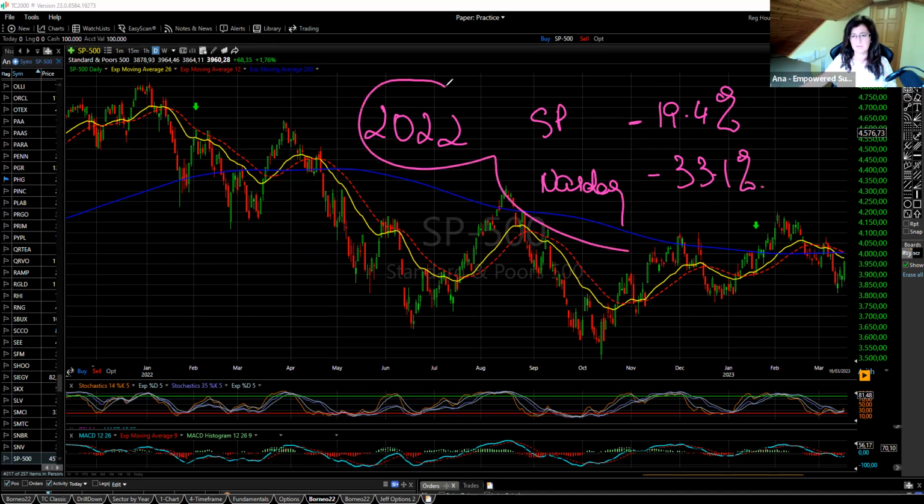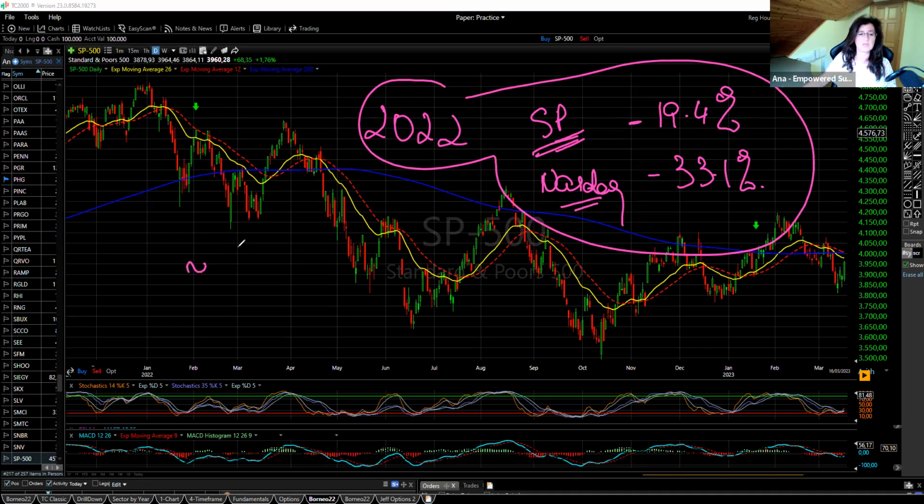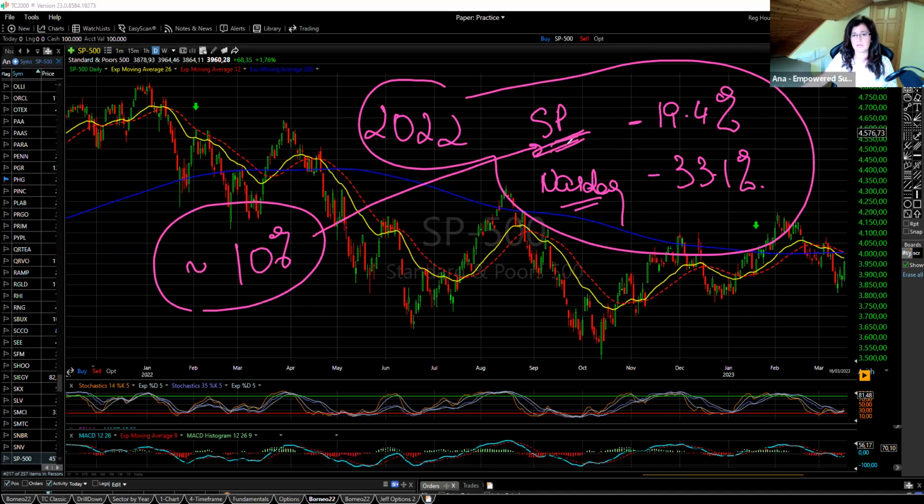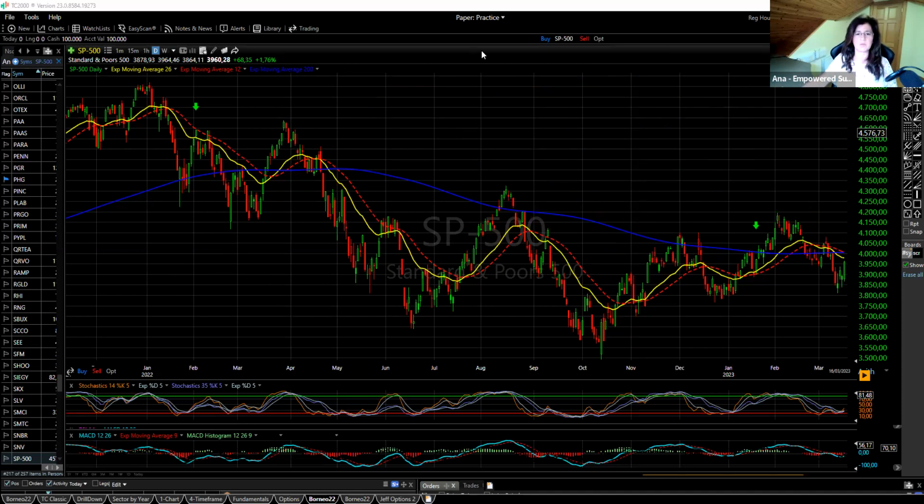So let's bear this in mind, that the S&P went down 19.4% and the NASDAQ 33%. On average, the S&P 500 since 1965 has been growing approximately 10% a year, 9 point something a year. So that also gives you some perspective on how bad the year 2022 was for the market, if we can say bad, because we can always make money anyway.